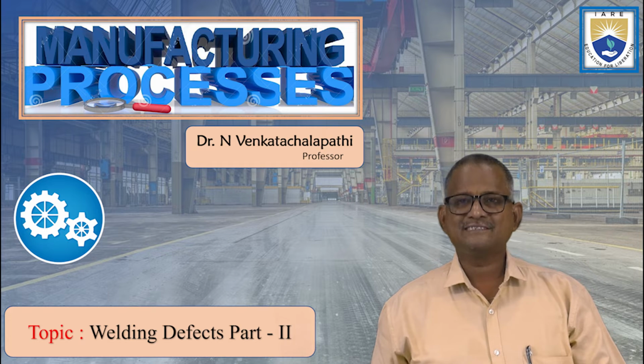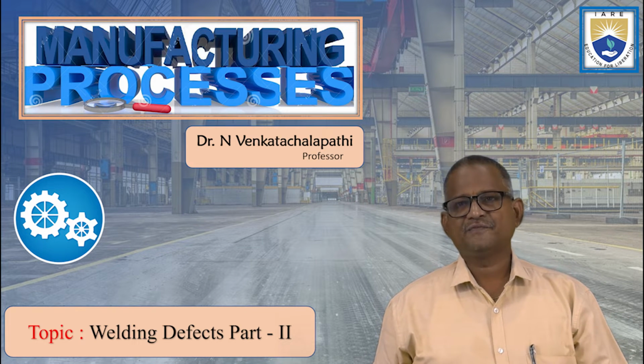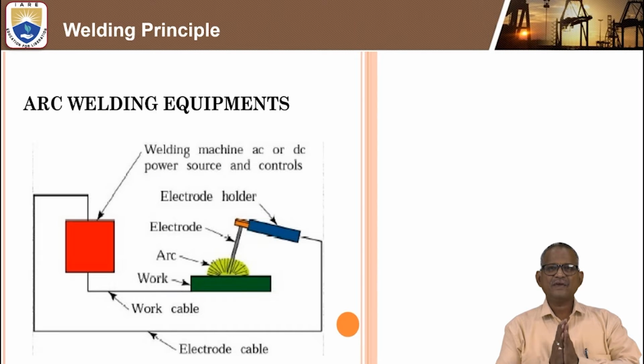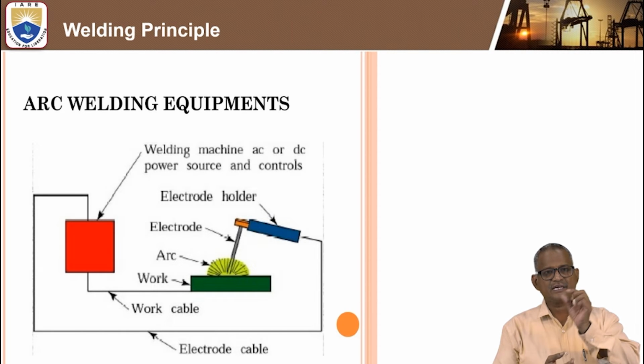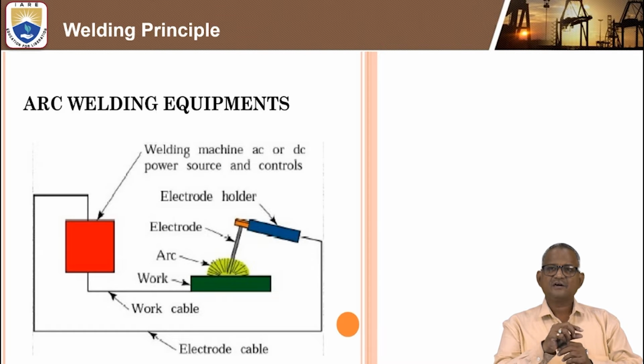Before discussing the remaining weld defects, let us first see the main principle involved in welding. Welding can be defined as the process of joining two similar or dissimilar metals, with or without adding filler metal, and with or without the application of pressure and temperature.